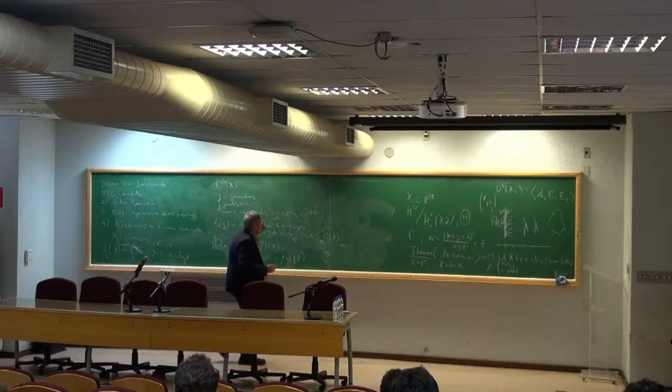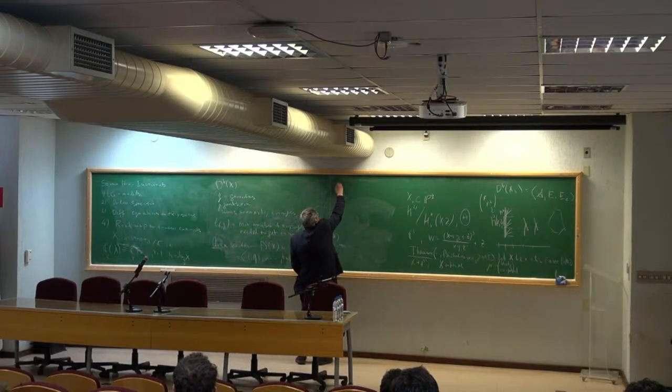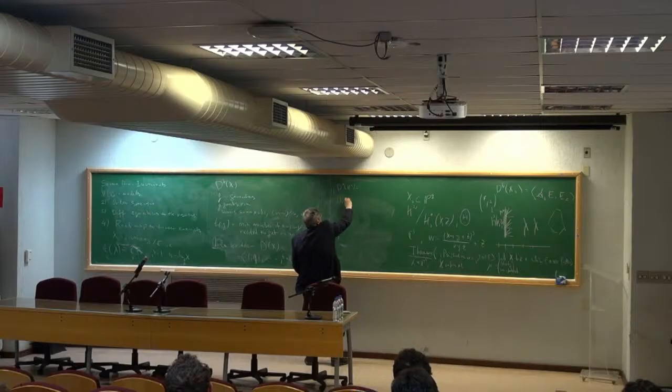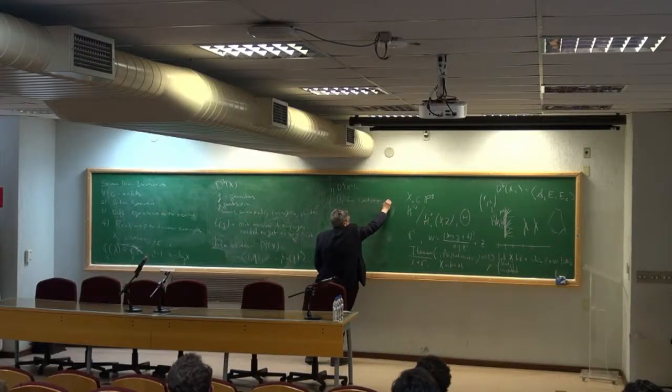So now, let me just give examples. So the category is D^b of P1. This Orlov spectrum is 1 and 2.